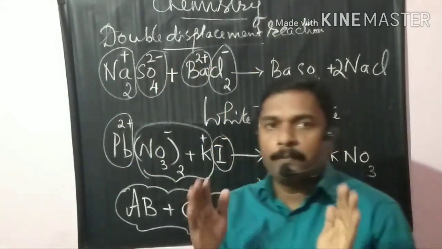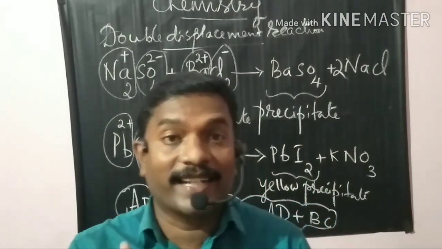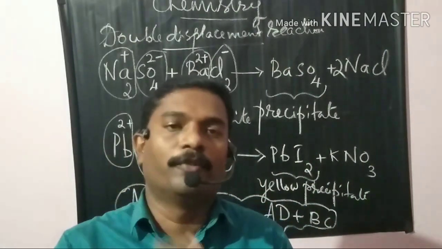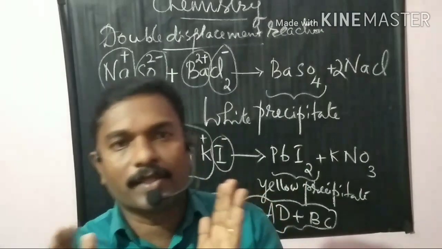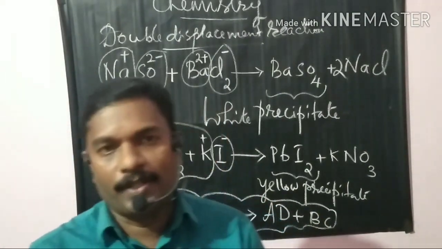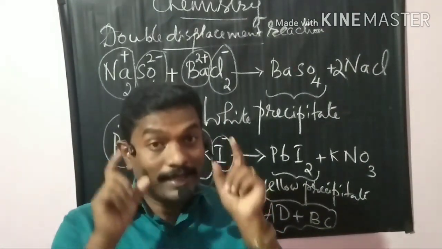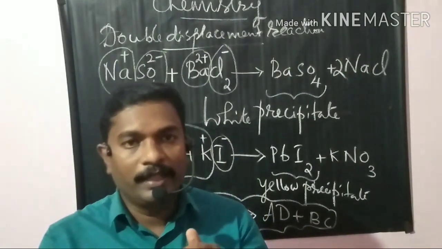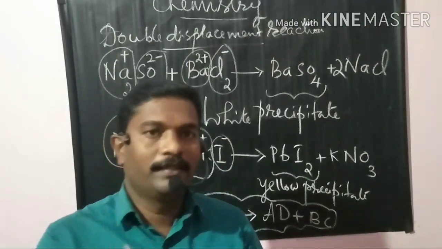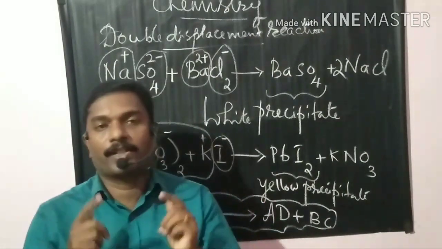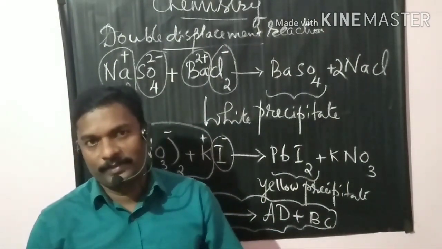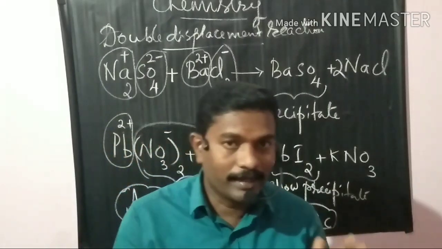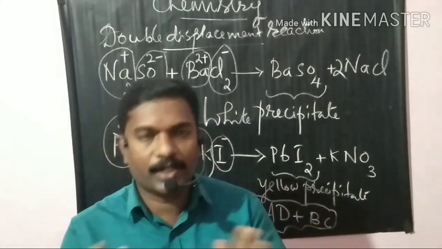Double displacement reactions are always accompanied by the formation of an insoluble salt called a precipitate. So we can say a double displacement reaction is otherwise known as a precipitation reaction. So what is a precipitation reaction?